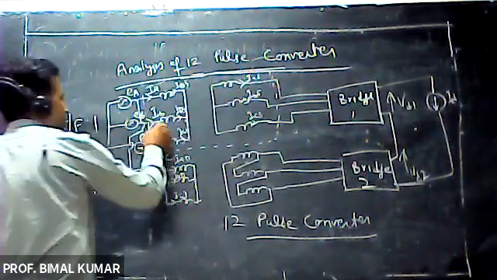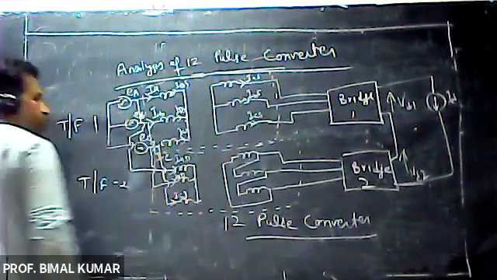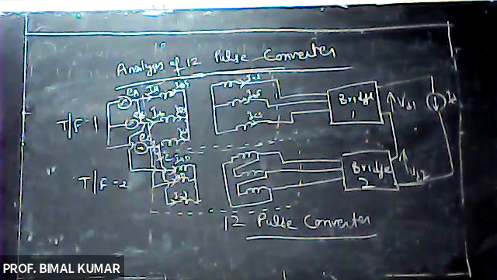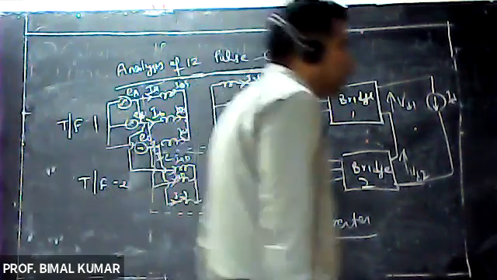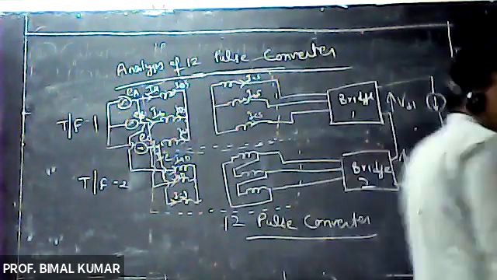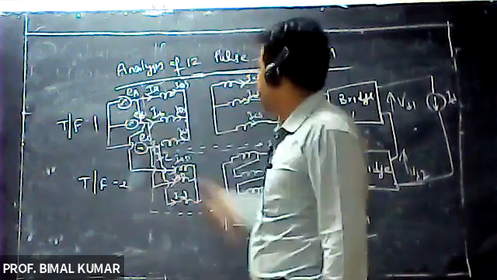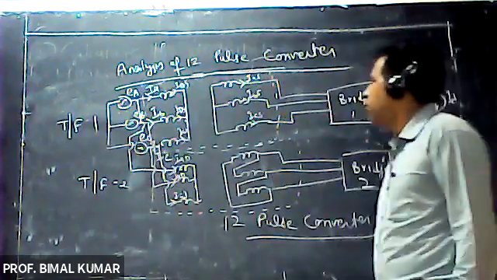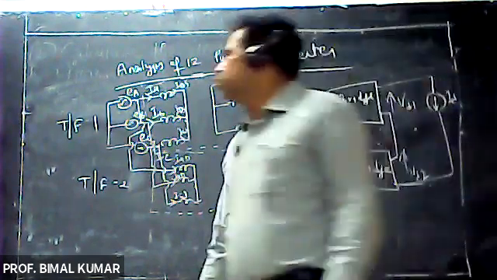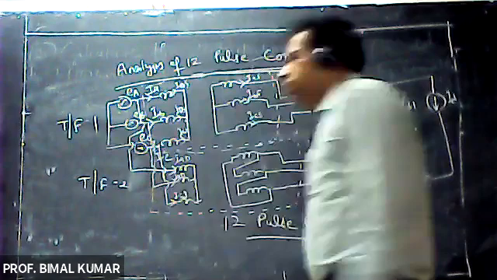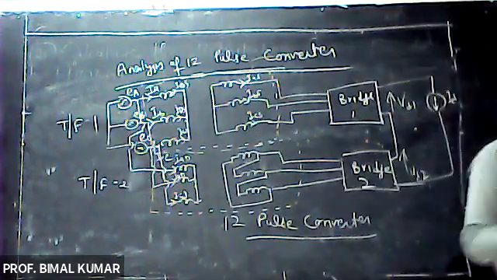Transformer 1 is of star nature and transformer 2 is of star delta nature. Both are supplied with the same input, right? Transformer 1 is used to supply the bridge 1 and transformer 2 is used to supply the bridge 2.